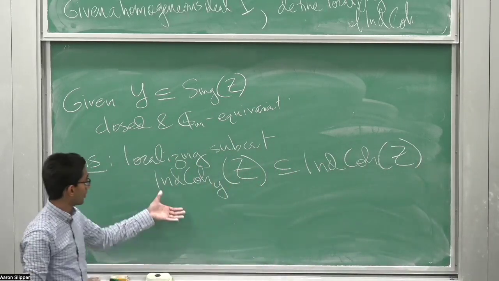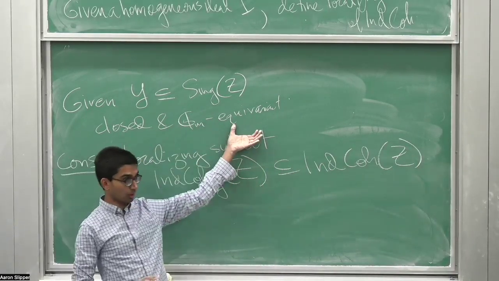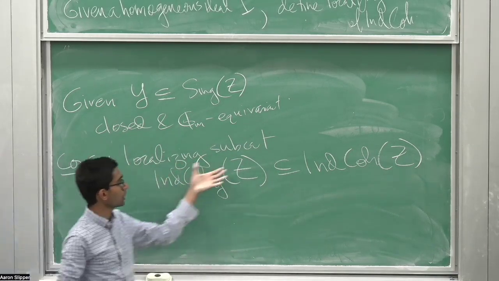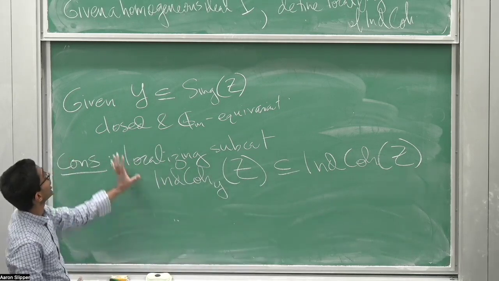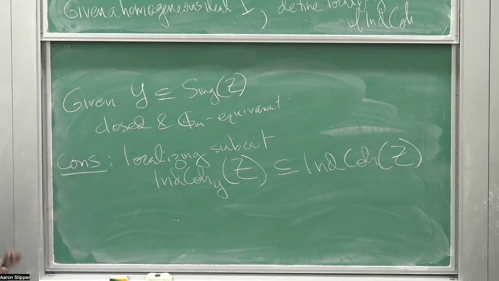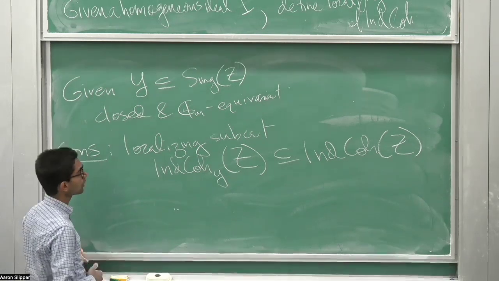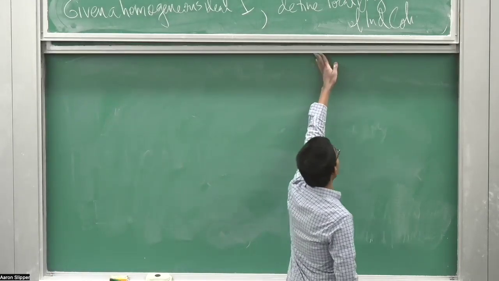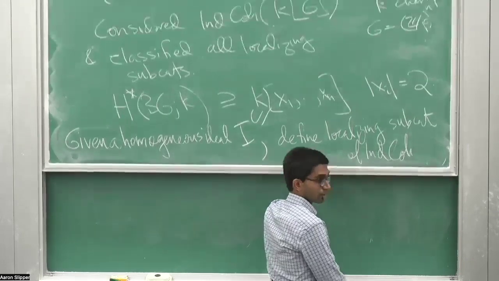So whenever you have a geometric conical subset of this space, they define a localizing subcategory of ind-coh of Z, in a way that's reminiscent of the above. So a conical subset is something that looks like a family of cones.